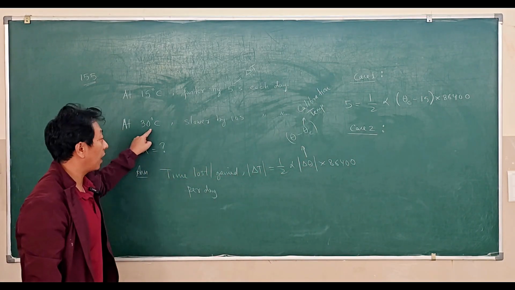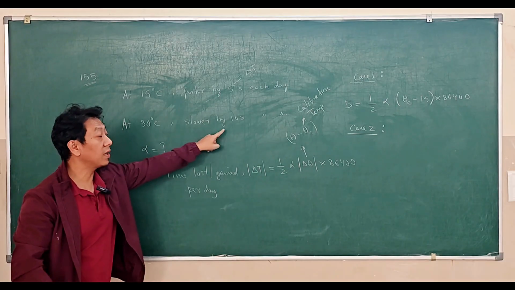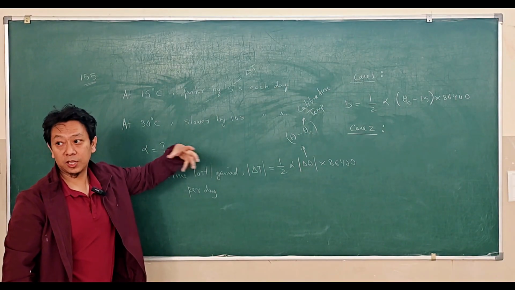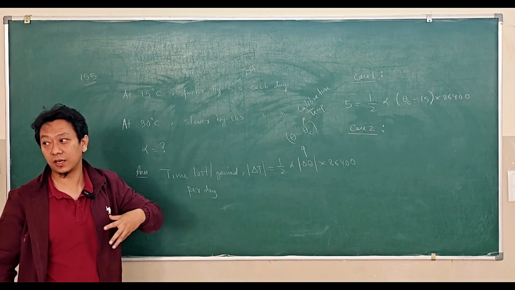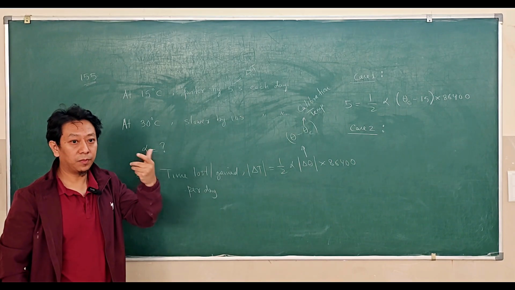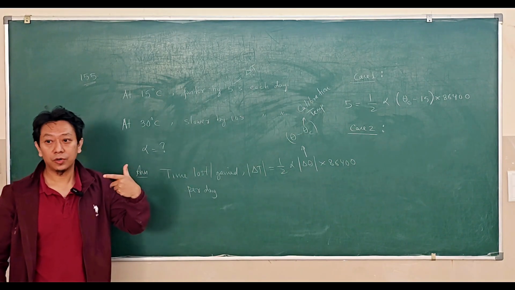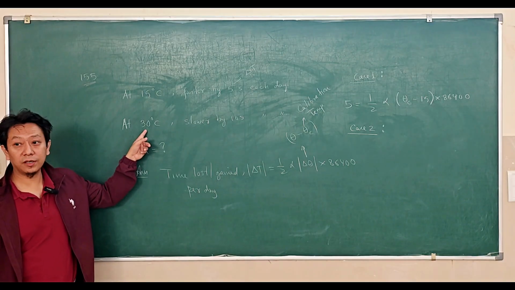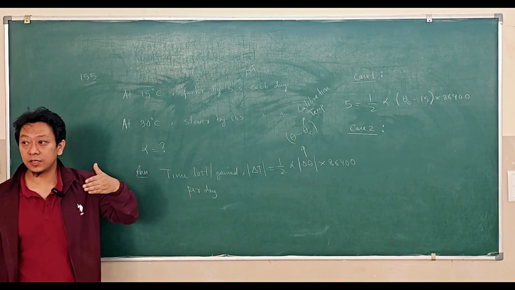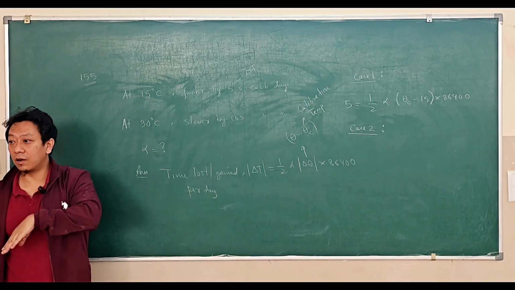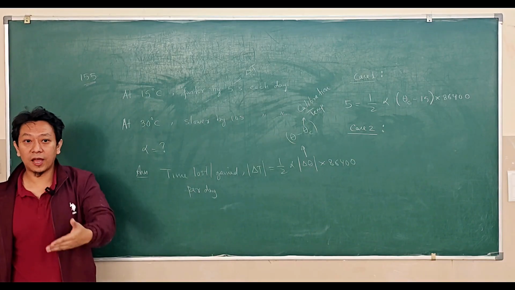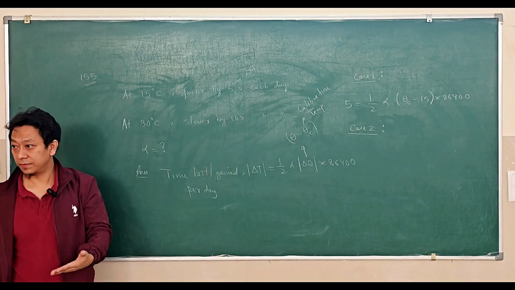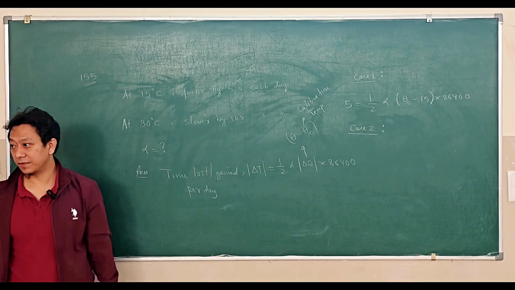Then in case 2, this is 30 degree and it runs slower by 10 seconds. Matlab, you are losing 10 seconds. Matlab, in a day you should have 24 hours. At 30 degree what happens? It is 23 hours 59 minutes 50 seconds.